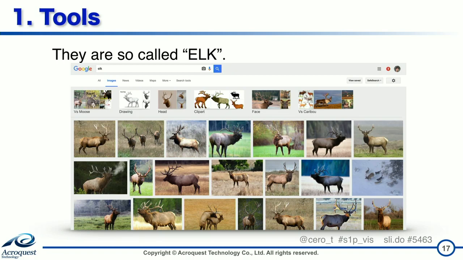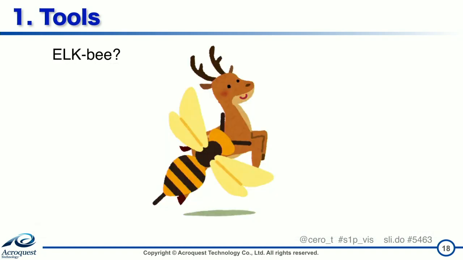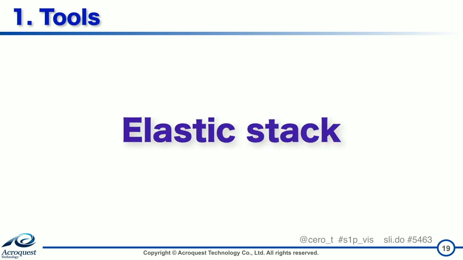So how can we call them? ELK B? The B with elk face? No way. So now we can call them Elastic Stack. This is the official name. I guess Elastic people don't care about Googleability, but the official name is Elastic Stack.